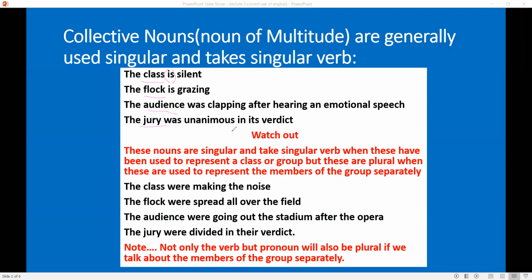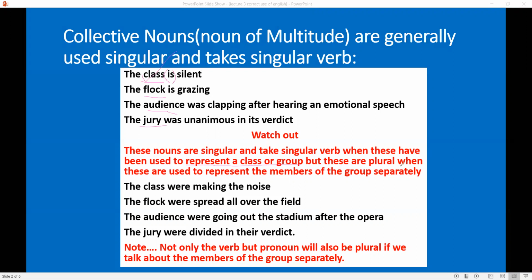But keep in mind that these nouns are singular and take a singular verb when they are used to represent a class or group of people. When they represent a class or group of people, they are singular, so they take a singular verb.